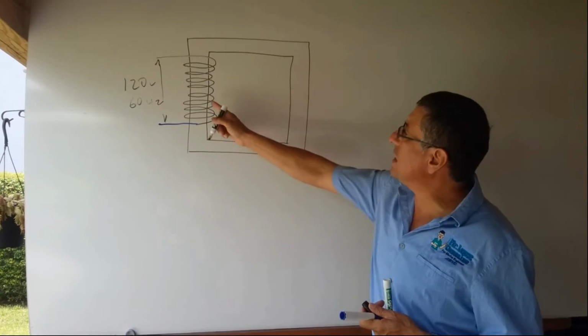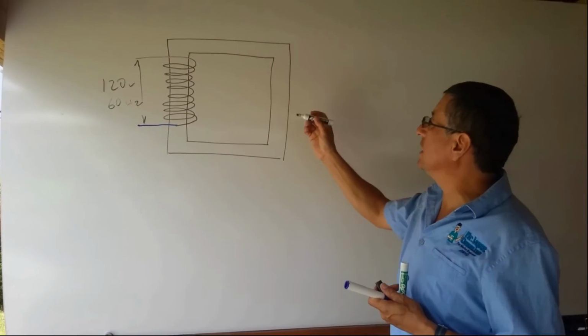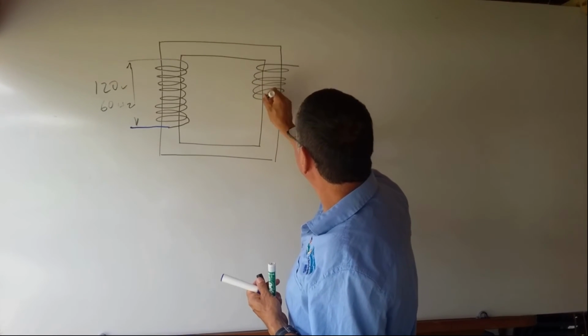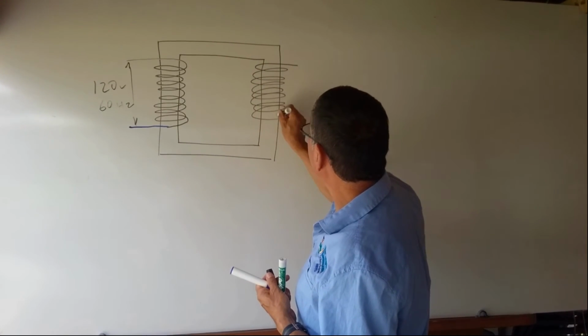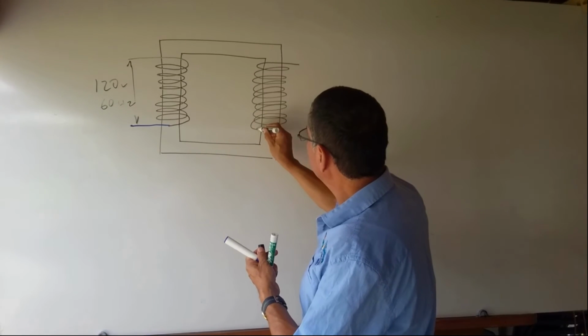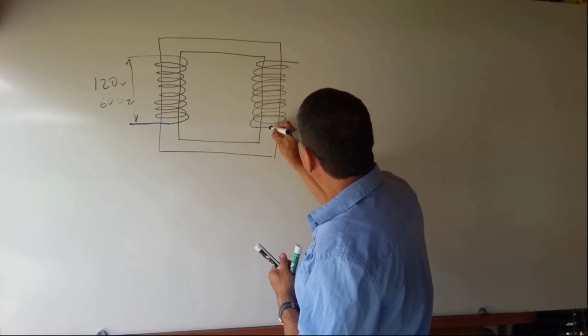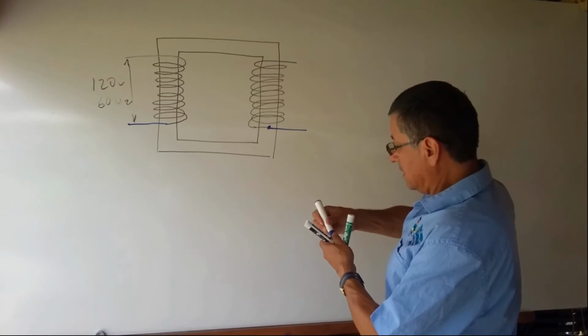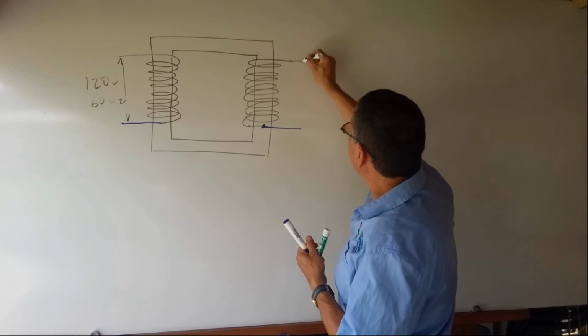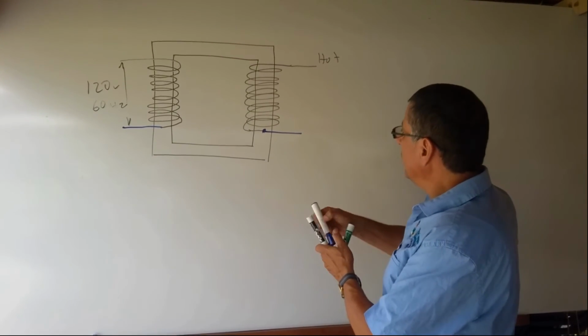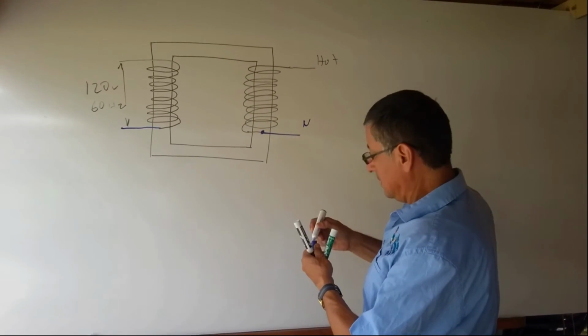If I have the same amount of coils in the secondary, of course, I have 120. And this is the neutral, and after this point, this end will be the hot line, and this end will be the neutral.